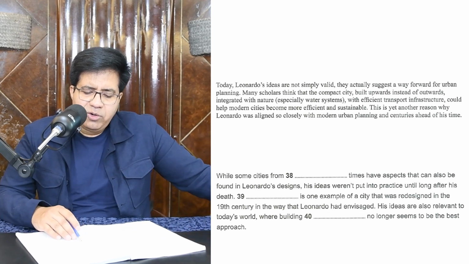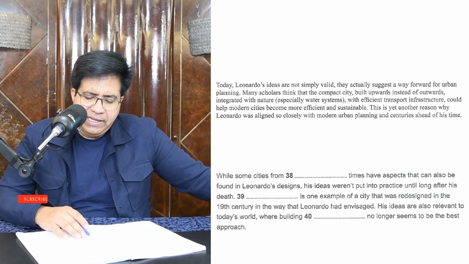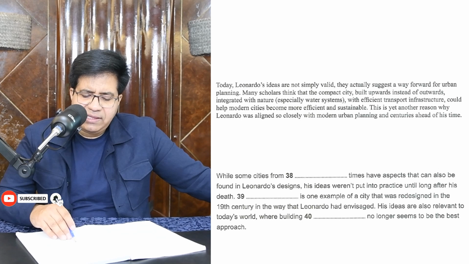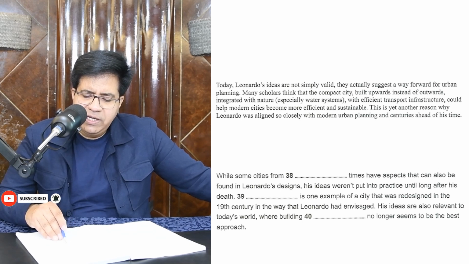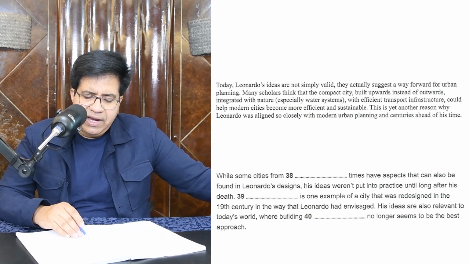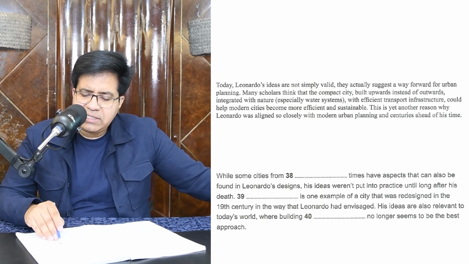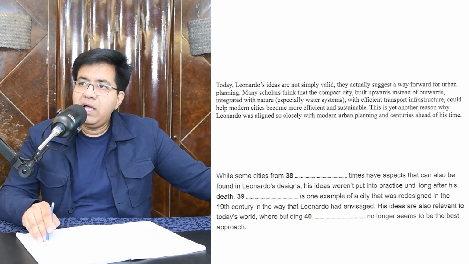Today, Leonardo's ideas are not simply valid, they actually suggest a way forward for urban planning. Many scholars think that the compact city should build upward instead of outward, integrated with nature.